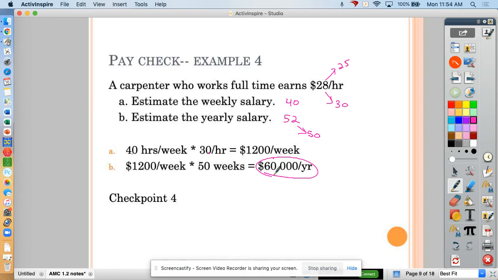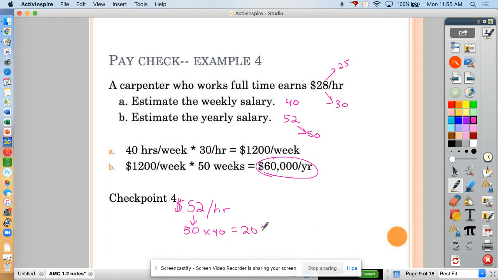All right. So you guys are going to try checkpoint 4. Go ahead and pause your video. So checkpoint 4 talks about a landscape architect, and he makes $52 an hour. And so I would probably change that to 50. And then again, it's the same number of hours in a week, so times 40.